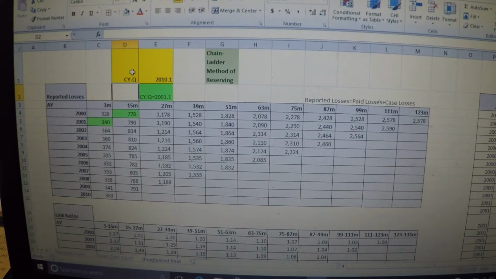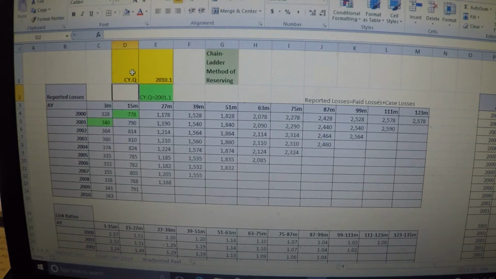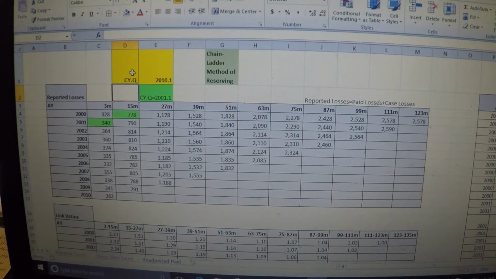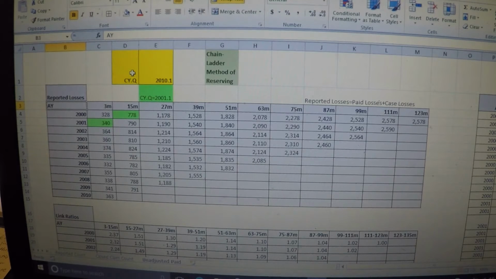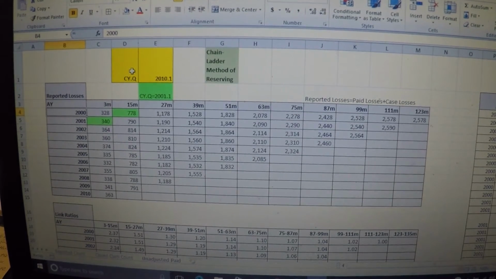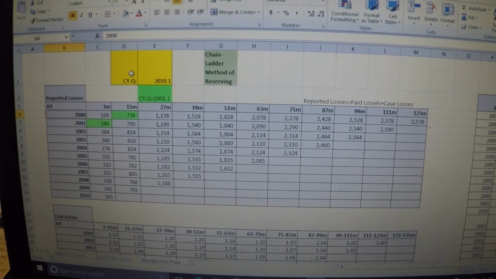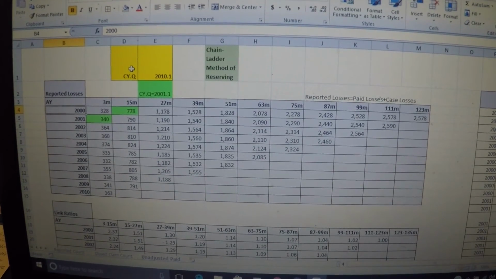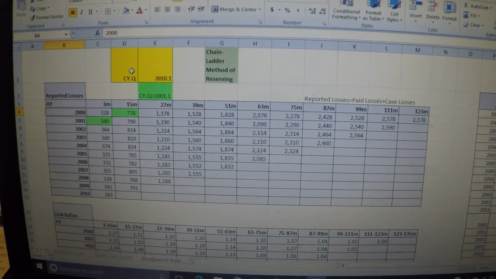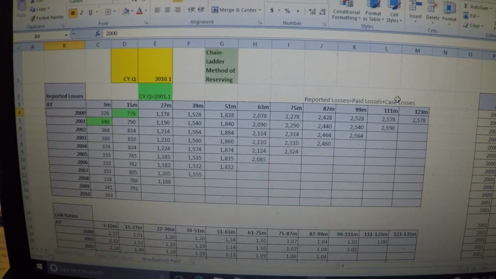So how can we estimate the ultimate losses using this technique? This is called a development triangle, or a reported loss triangle, I should say, in this case. And what are reported losses? Reported losses are just the paid losses plus case losses.